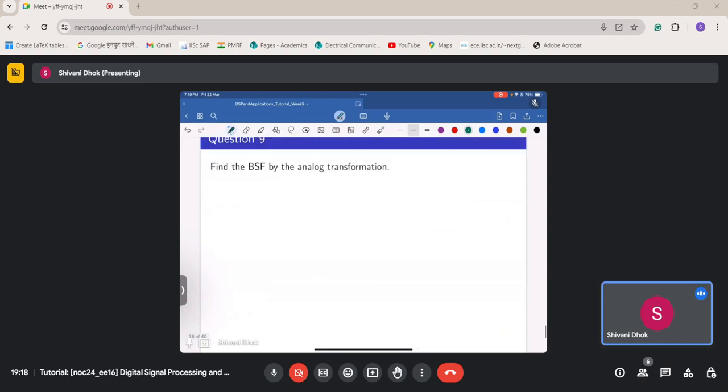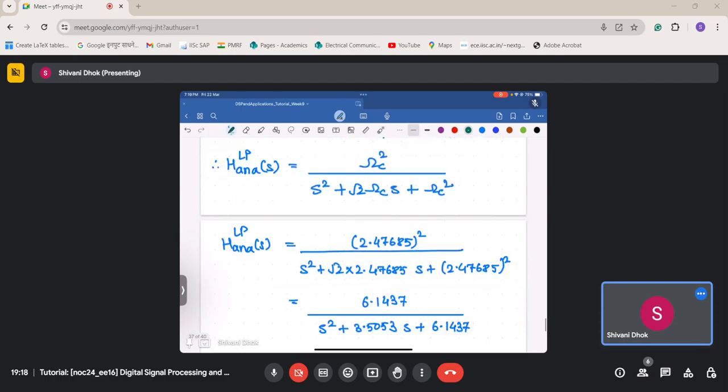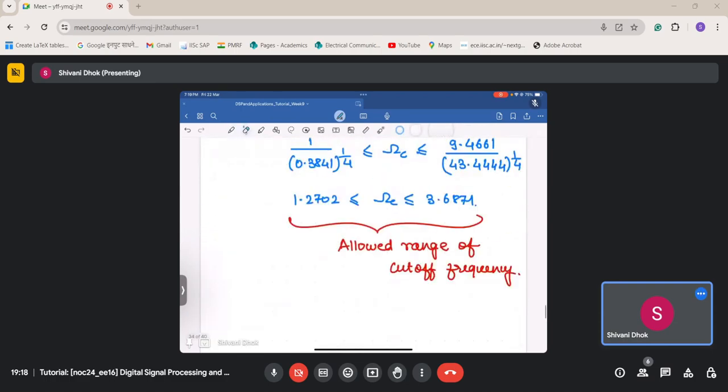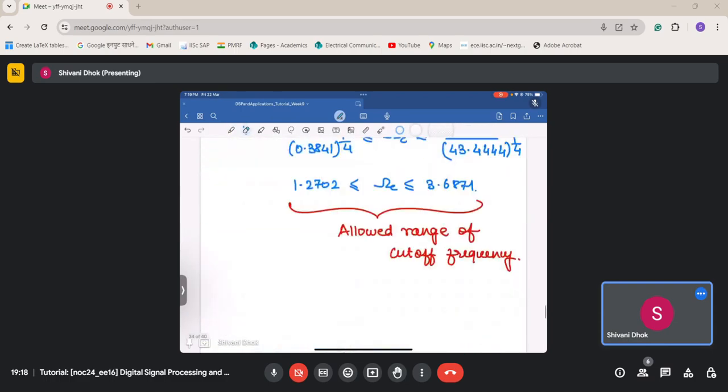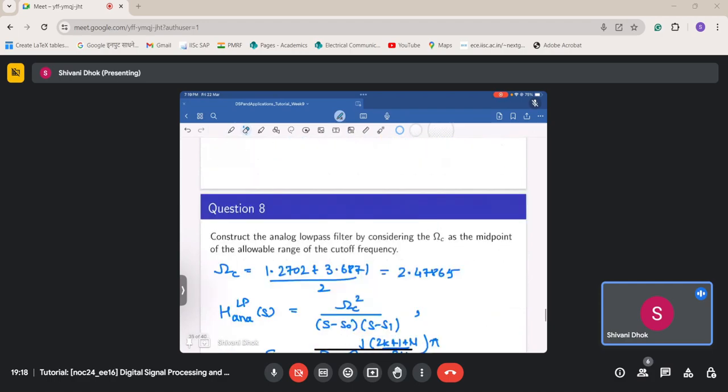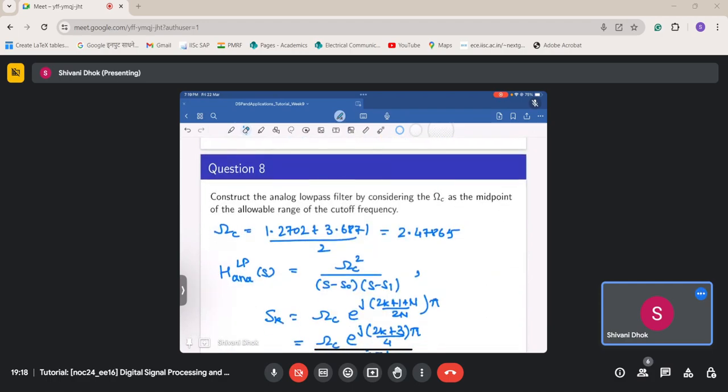Now the next step is we need to find the bandstop filter by performing the analog transformation. This was step 5, this was step 6, find analog LPF.